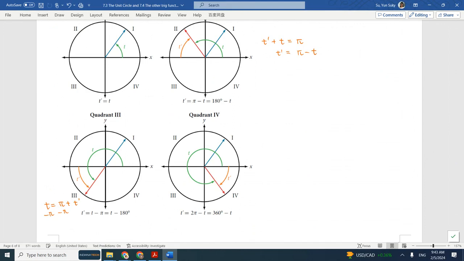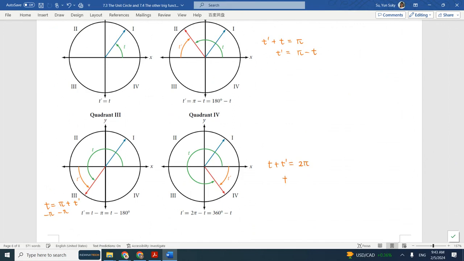All right, the last picture. Our angle is in the fourth quadrant. And do you see T plus T prime is the full circle? Yes, everybody? So we get T plus T prime is the full circle, which is 2 pi.